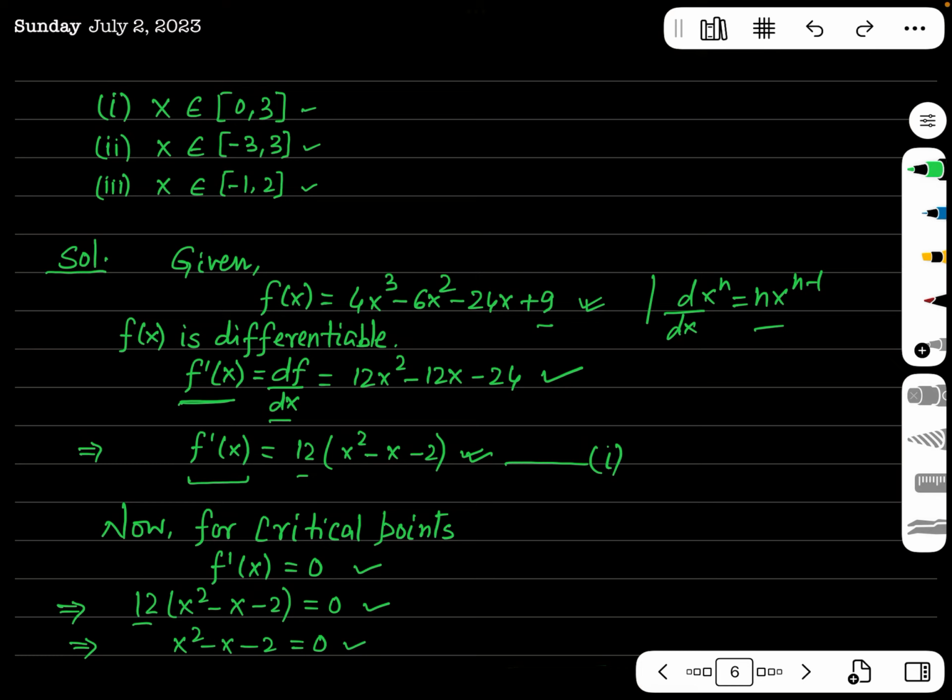This is just a quadratic equation in x, so definitely x will have two values or two roots. And you can easily find those two values of x by factorizing the equation.